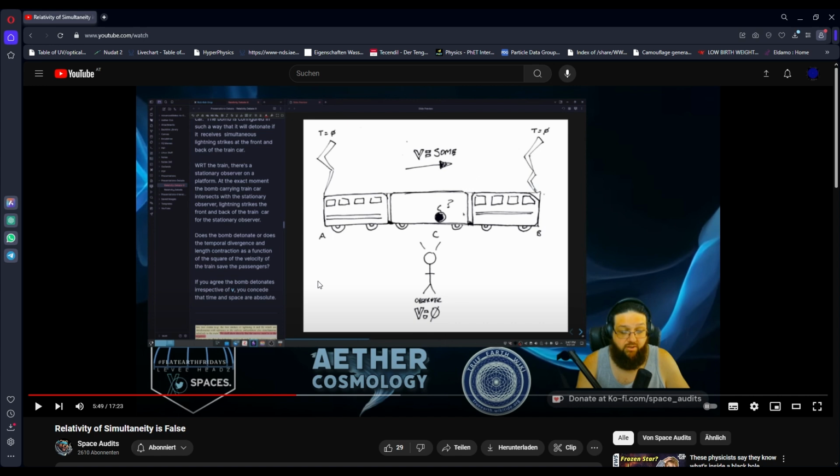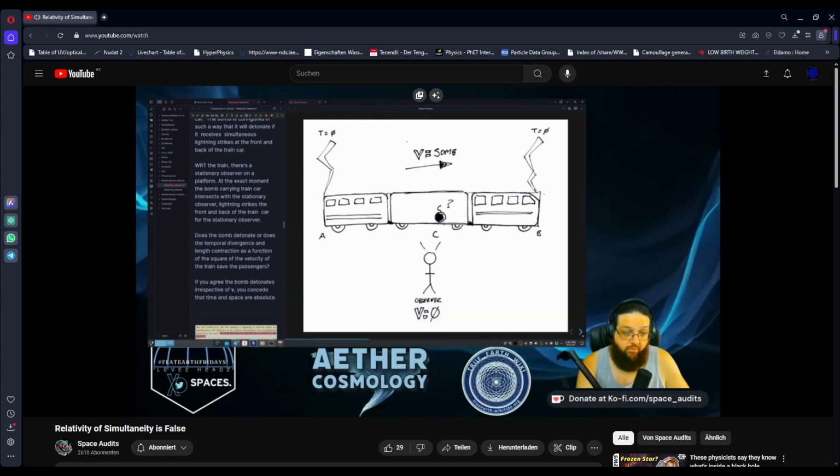I love how he talks about relativity and tries to disprove by pure argument one of the pillars of relativity, which is relativity of simultaneity, but completely misunderstands the whole thing, or he doesn't want to understand, possibly. In the train situation, they can argue the midpoint difference, blah, blah, blah.